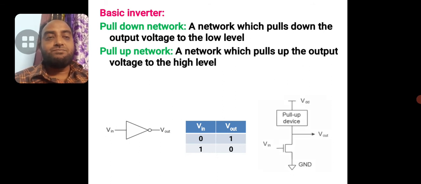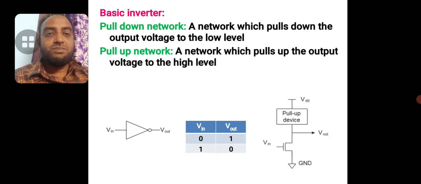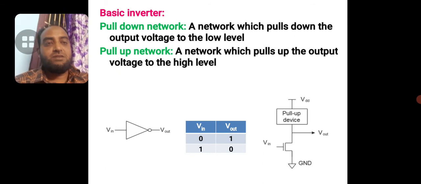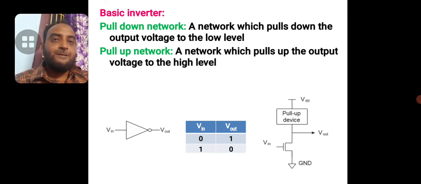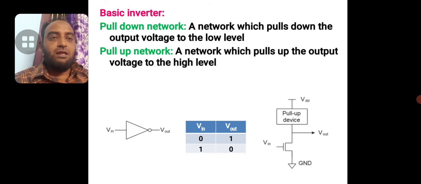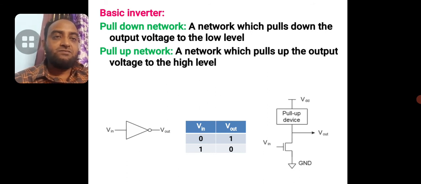How will it do this? The basic inverter is a basic inverter, not CMOS. This inverter will have a transistor which acts as the inverter. A single NMOS enhancement mode transistor acts as the inverter, that will be enough.